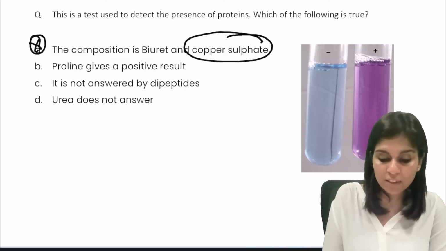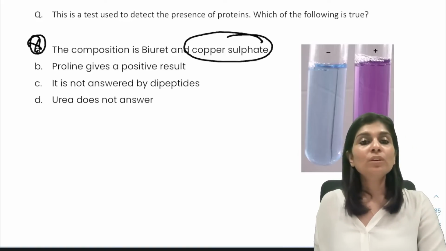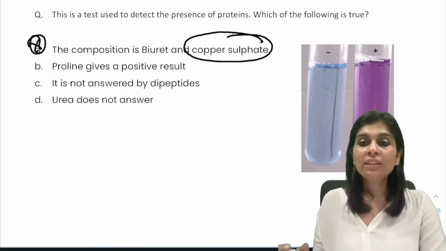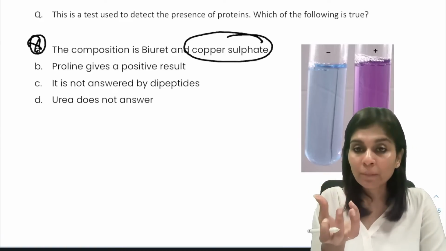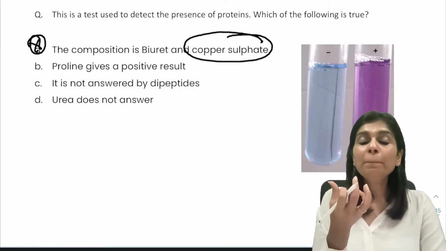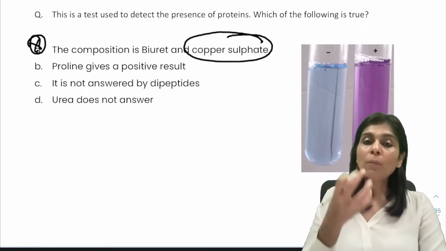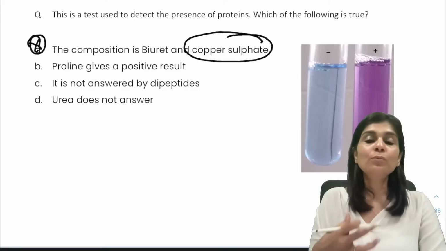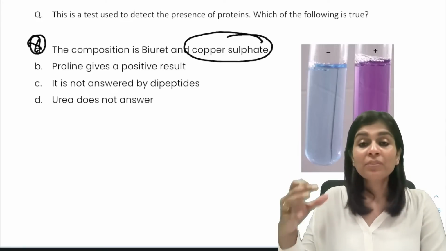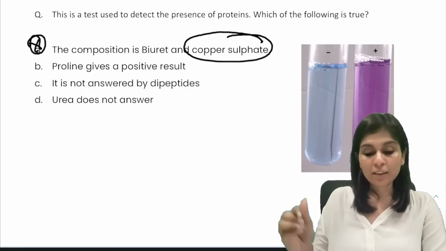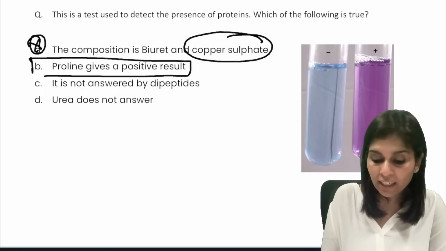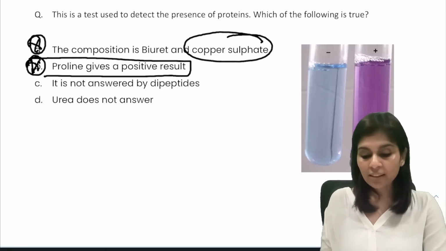So A is false. B, proline gives a positive result. What is proline? Proline is an individual amino acid, and this does not have even one peptide linkage. Even compounds containing one peptide linkage will not be able to answer it. Only compounds with two or more can answer. Because it does not have a peptide linkage, proline will not answer this test.